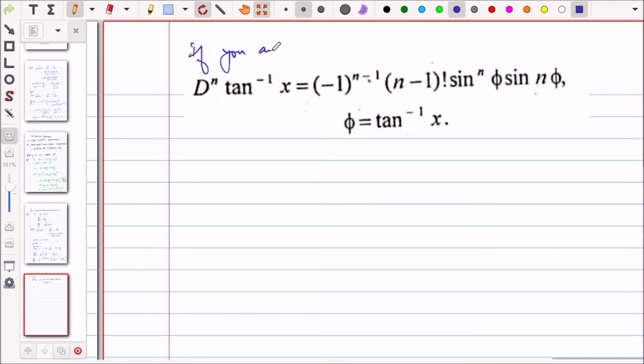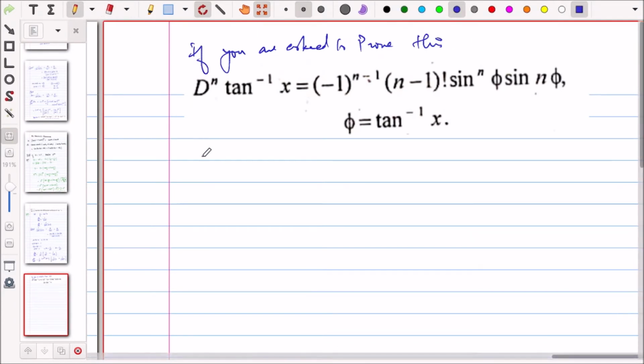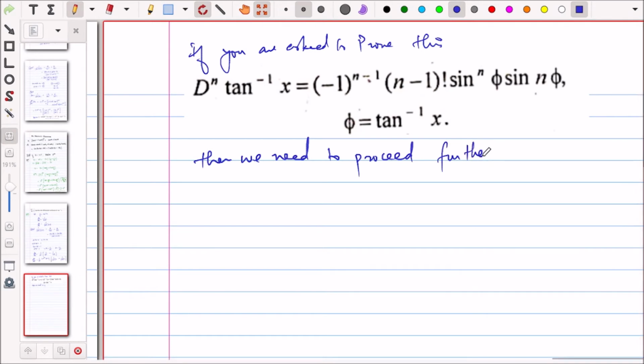If you are asked to prove this, then we need to proceed further. Is it fine?